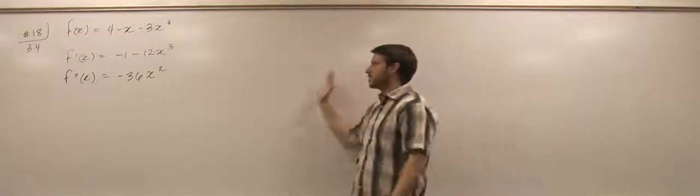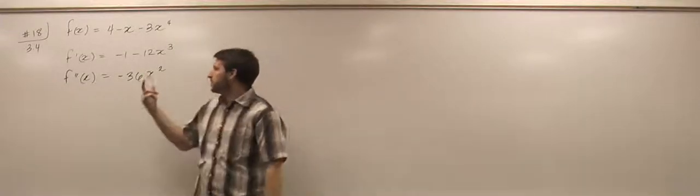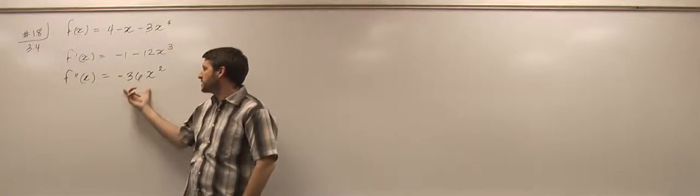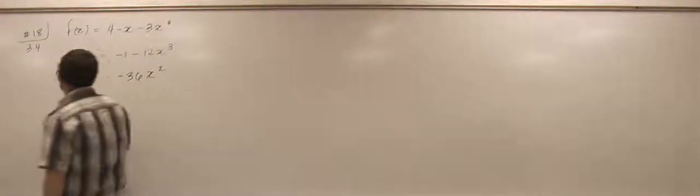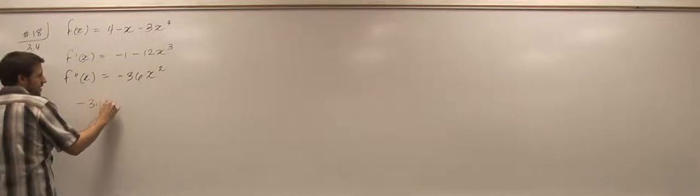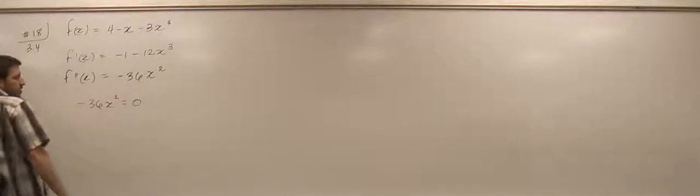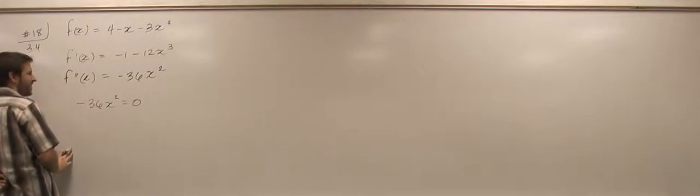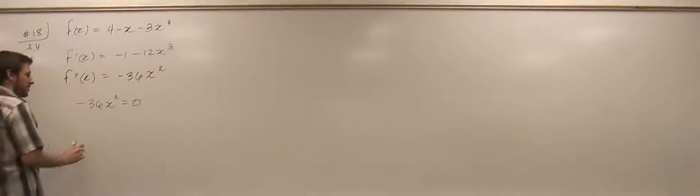So to find your critical numbers, you're going to have to set this equal to 0 or undefined, but this is never undefined. So your next step is to solve negative 36x squared equals 0. What's the solution to this? Plus or minus 6. Just kidding. Good joke.